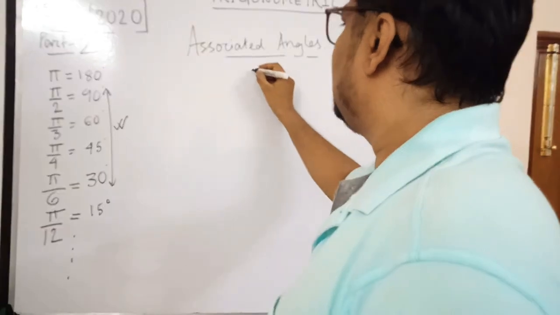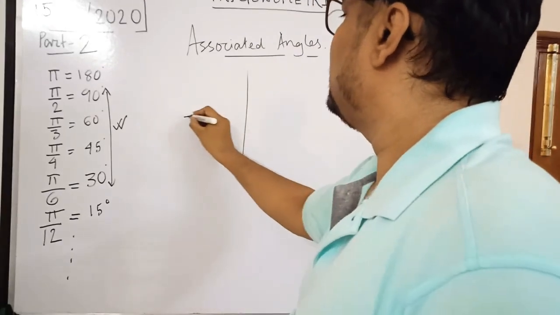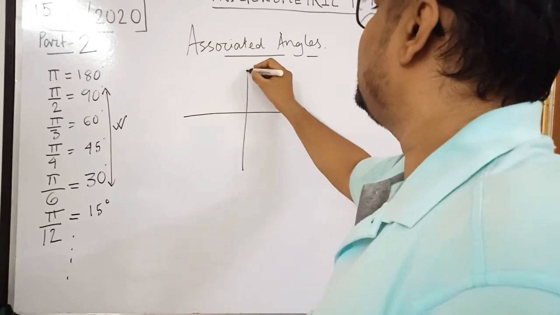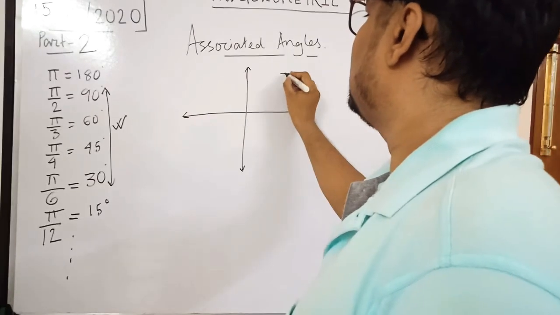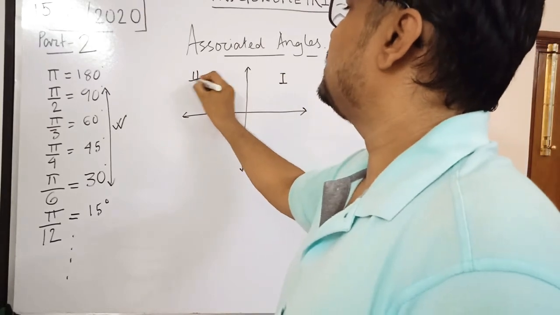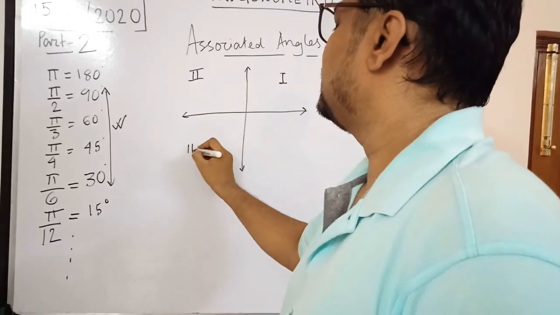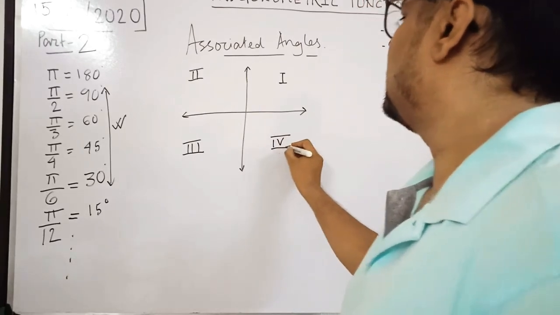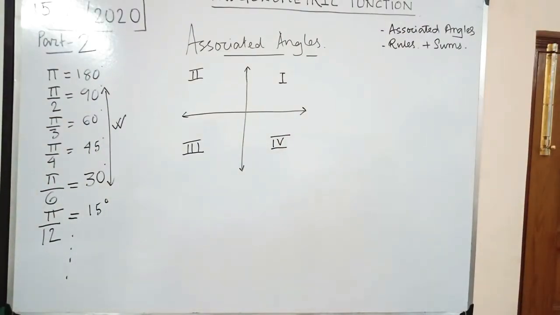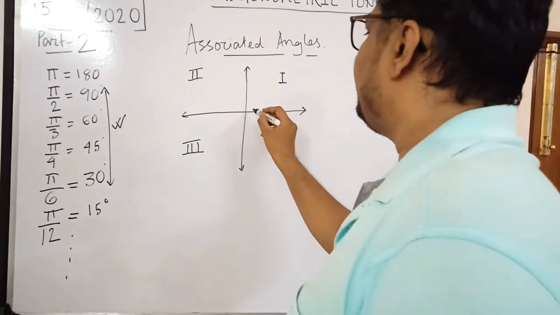First, we will draw a grid. We see that there are 4 quadrants: first, second, third and fourth. This refers to the angles actually.